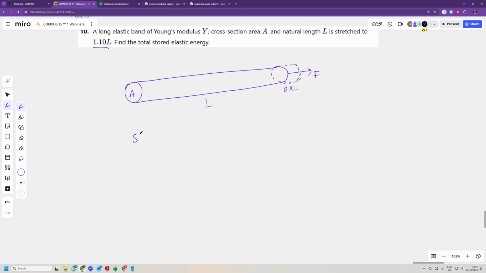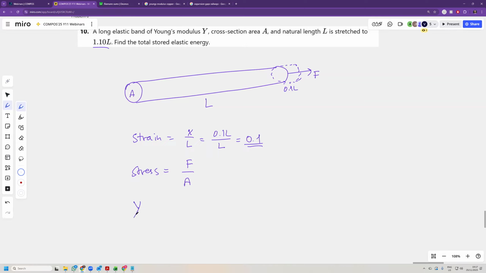So the strain is the extension divided by the original length, which is 0.1 L divided by L. So that's 0.1. Stress is equal to the force divided by the cross-sectional area.